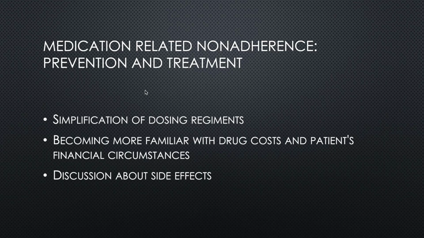Next is becoming more familiar with drug costs and patients' financial circumstances. This is very important for us as healthcare providers to do, because if we're familiar with how much a drug costs, we may know to prescribe an alternative medication that's cheaper.